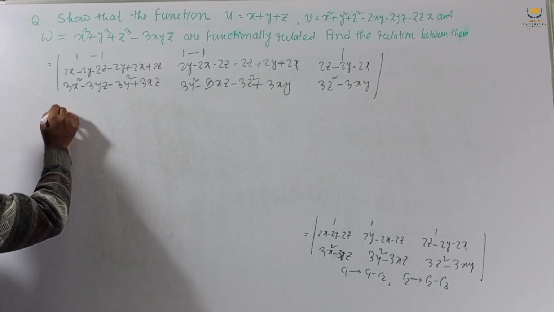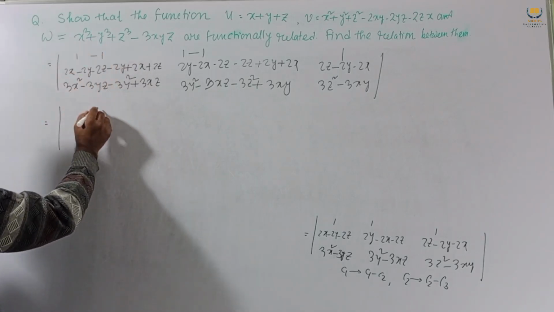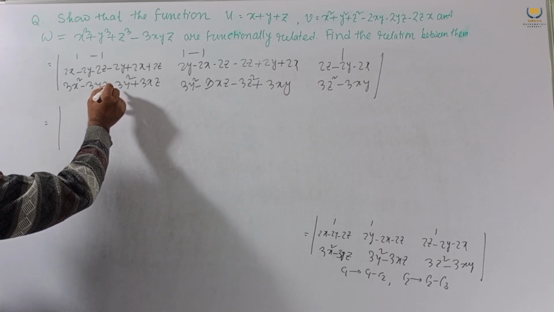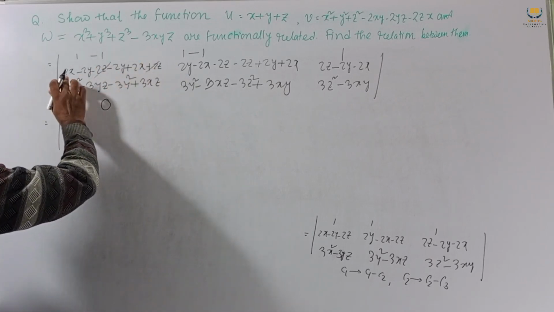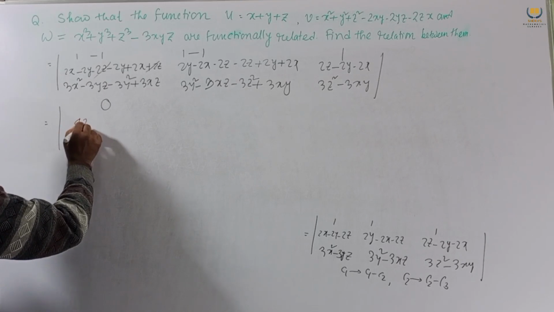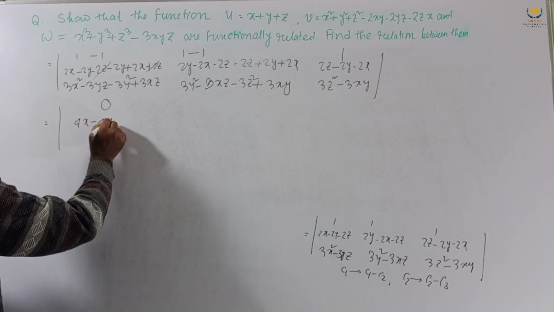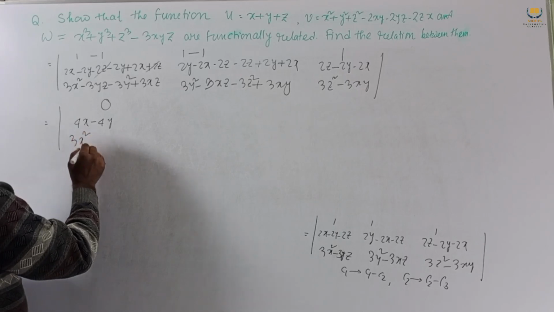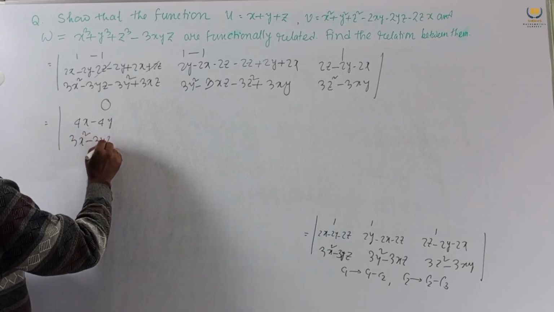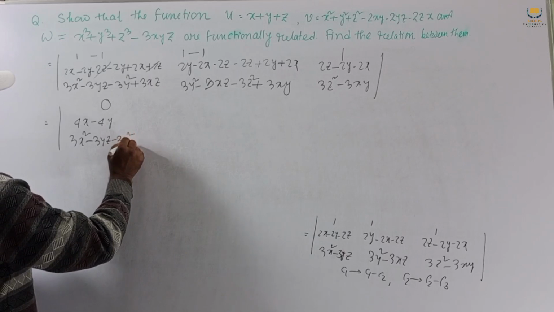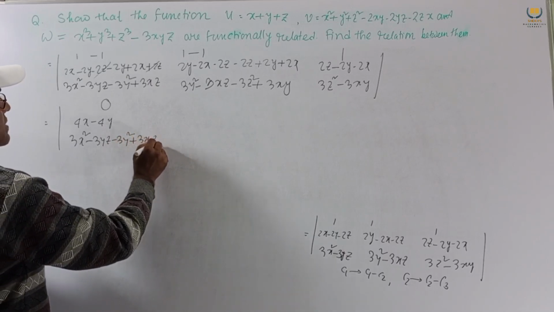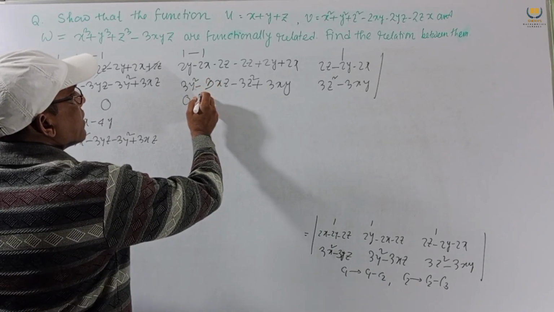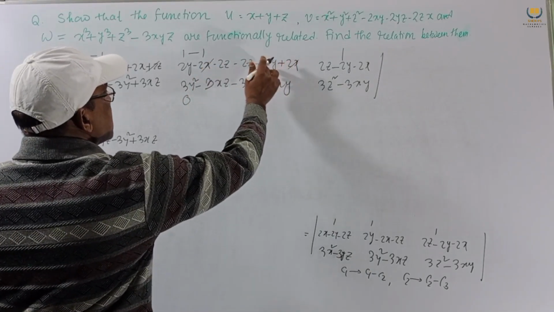Now this will be 2 to 1 cancel 0, and here we get 2z cancel, we get 4x minus 4y, and this is 3x square minus 3yz minus 3y square plus 3xz, and this is 0, and we get twice x cancel.